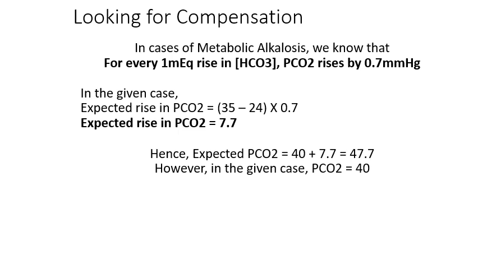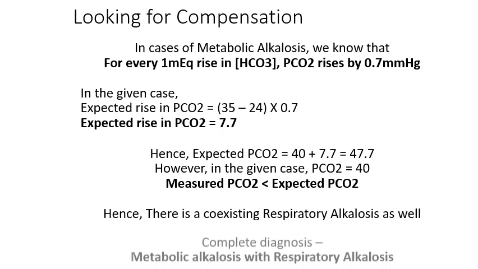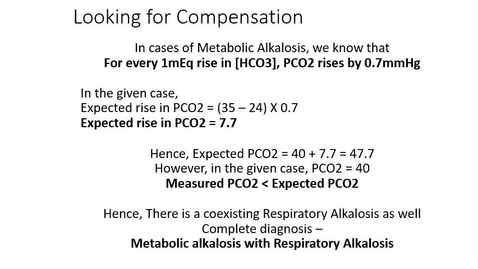However, in the given case, it is found to be 40, which means that more PCO2 has been washed out, that is, measured PCO2 is less than expected PCO2, hence there is a coexisting respiratory alkalosis, as we have lost more PCO2, probably due to hyperventilation. So the complete diagnosis becomes metabolic alkalosis with respiratory alkalosis.